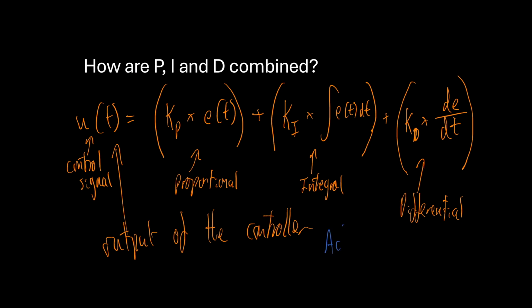So it acts on the error signal. By scaling different characteristics of that error signal, it produces this control signal which we can use to correct our system. And remember, error equals set point, our desired point, minus the actual current output state.